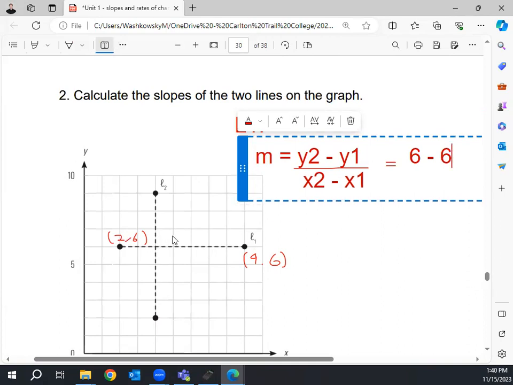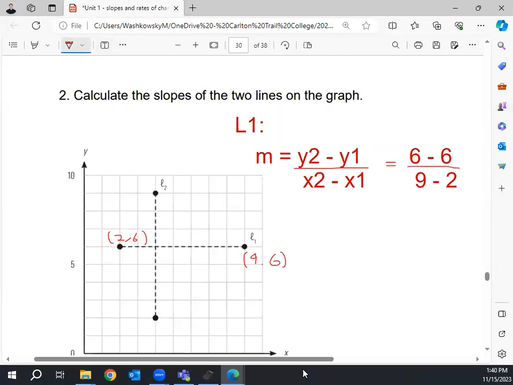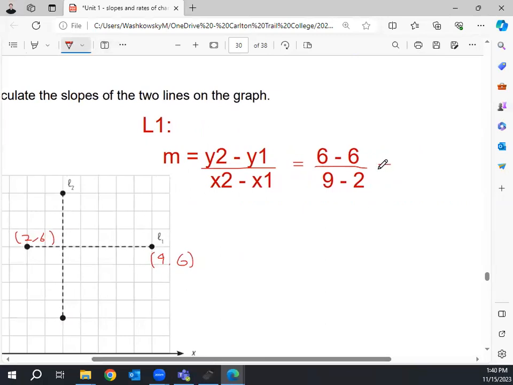And that's all going to be divided by x2, which is 9, minus x1, which is 2. And that's going to give me 0/7.